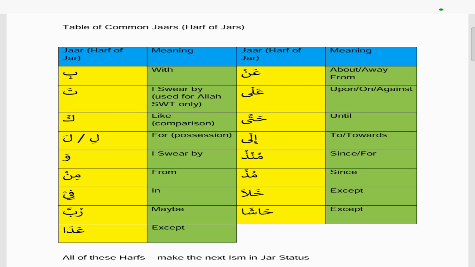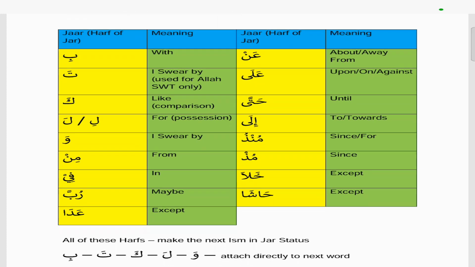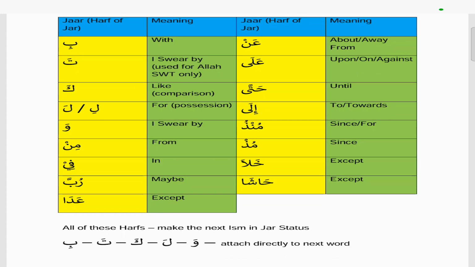And remember, this is the harf of jar that will make the next ism in the jar status, which is called the majroor. The next one is ka, which means like, a comparison, like when we say like a tree, for example. Then you have la and li, and the meaning is for, in respect to a possession. And wa also means I swear by.